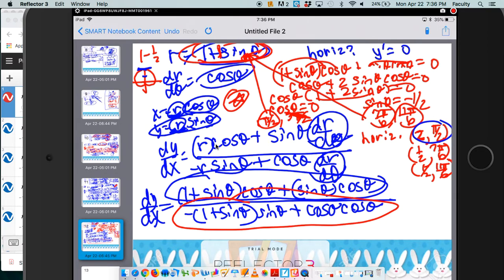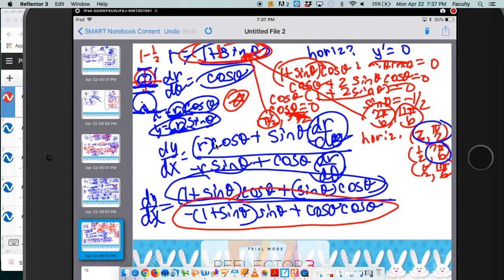And then at 7 pi over 6, if I rotate around 7 pi over 6 and go out half a unit, or if I rotate all the way around 11 pi over 6 and go half a unit. I have horizontal tangents at all of those places on that cardioid. Traveling here, here, and here.